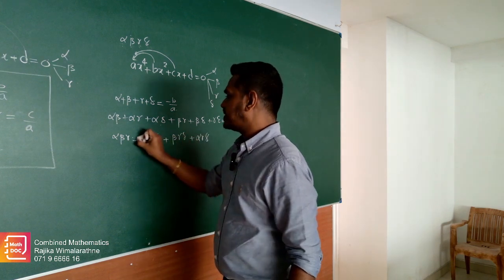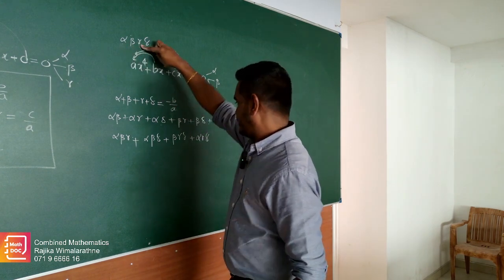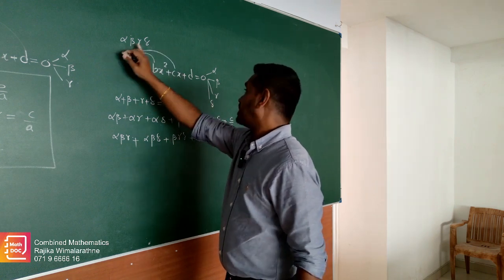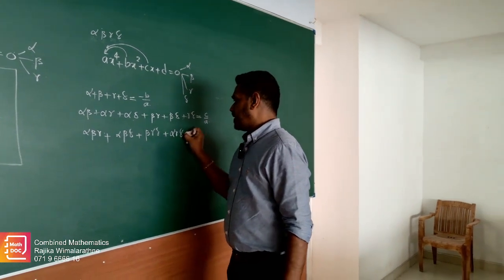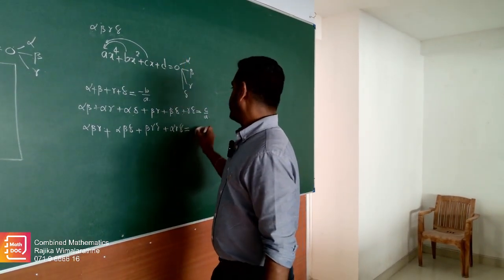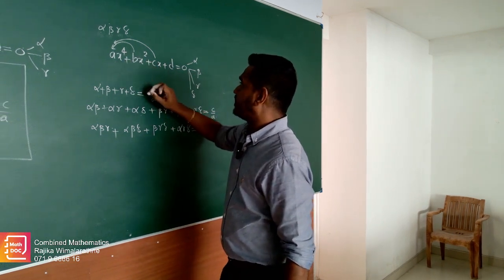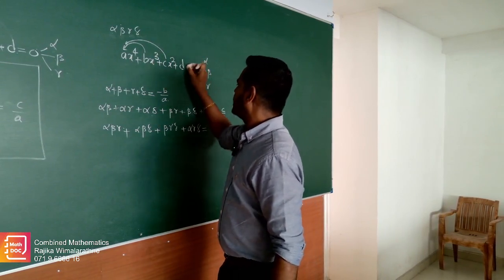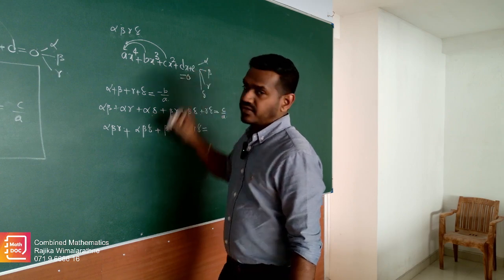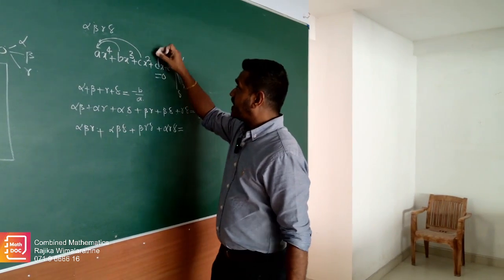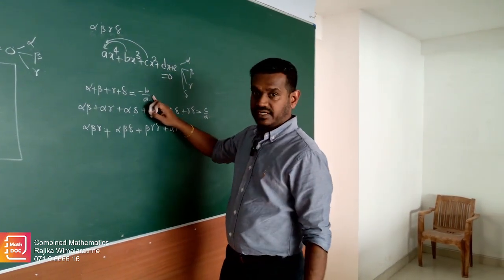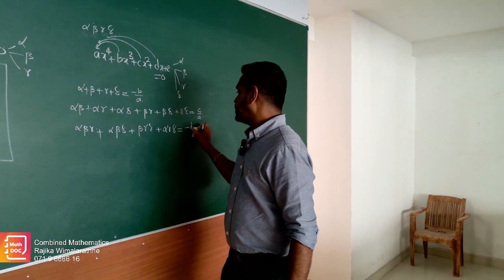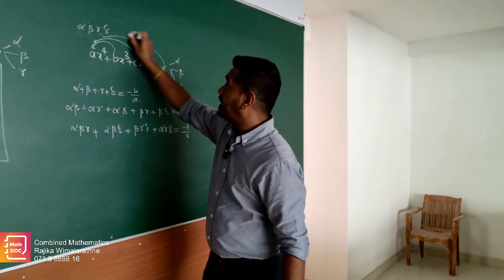We have four such terms, and their sum is minus d divided by a. Then the product of all four roots, alpha beta gamma delta, is e divided by a. So we write minus b over a first, then c over a second, then minus d over a third, and e divided by a fourth.